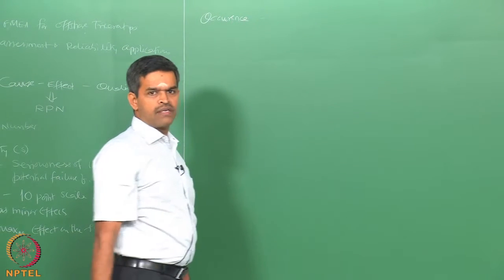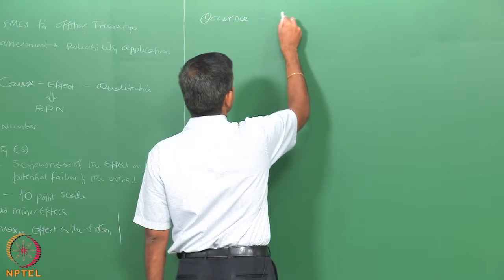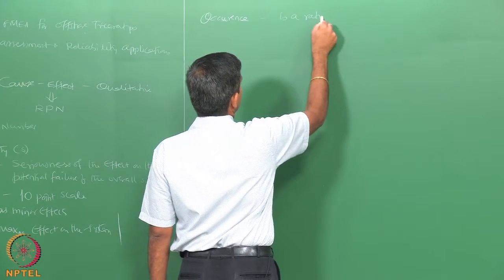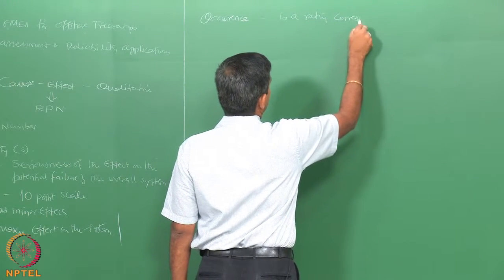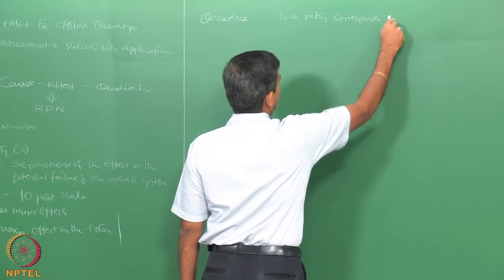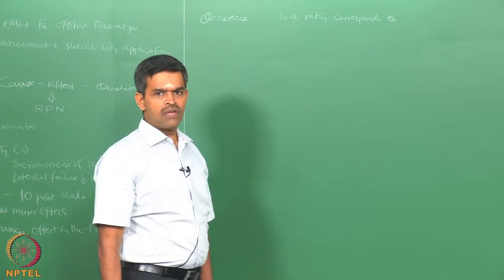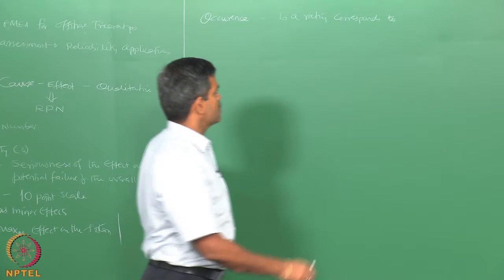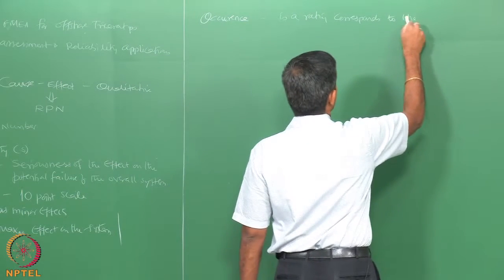The second variable is what we call the rate of occurrence, which is a rating that corresponds to the first level cause and its resultant failure.